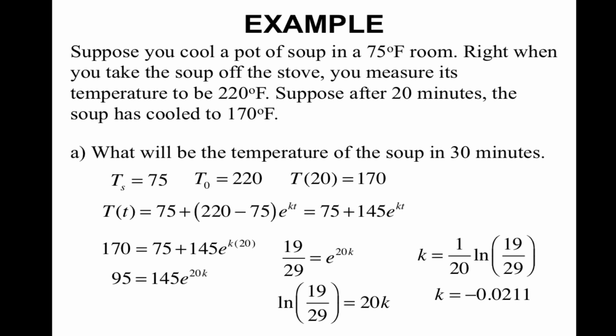So it's similar to your decay model. So now I have that T of t is equal to 75 plus 145 e to the negative 0.0211 t. And in order to be as accurate as possible, you need to store this value in your calculator. Do not just round it in your calculator.